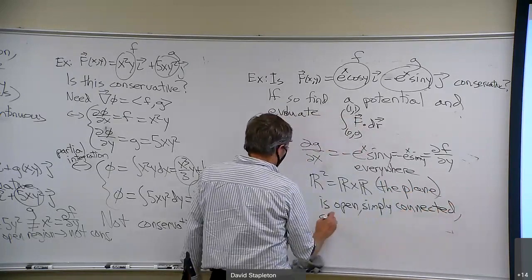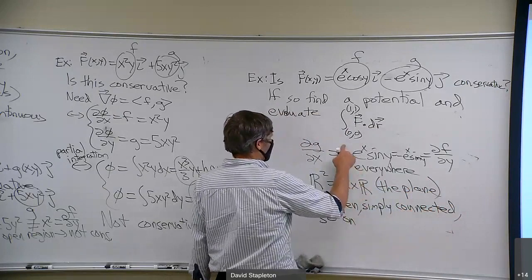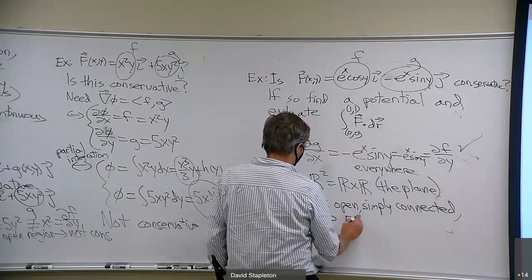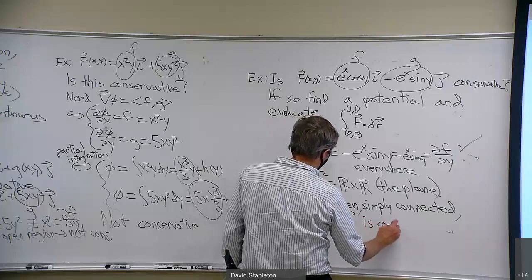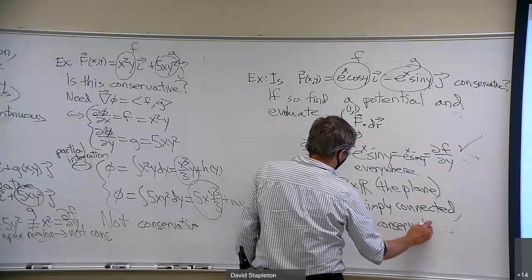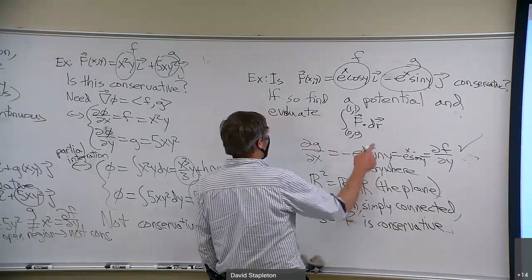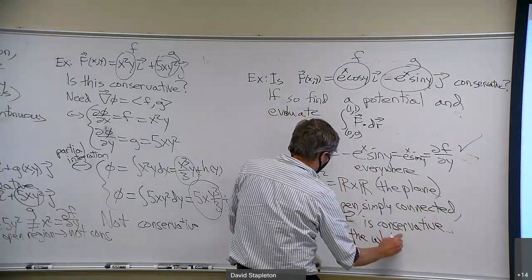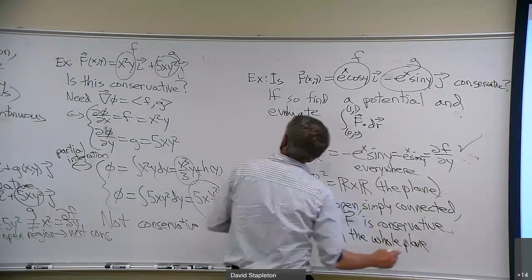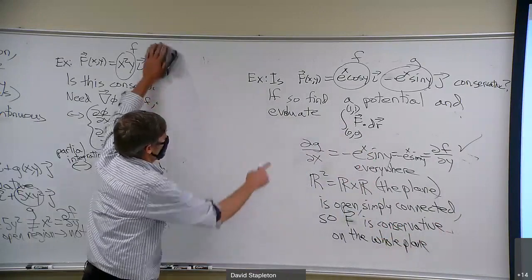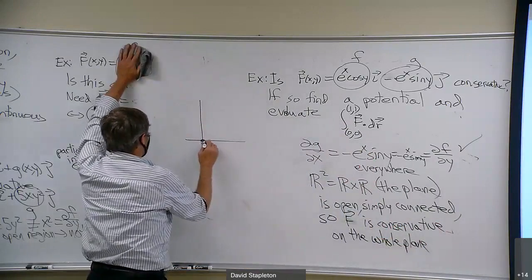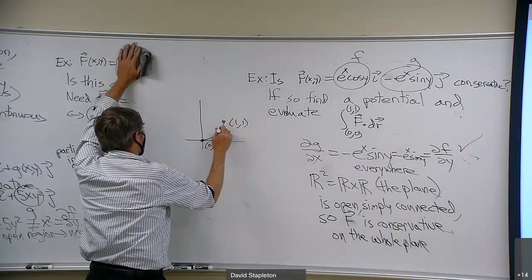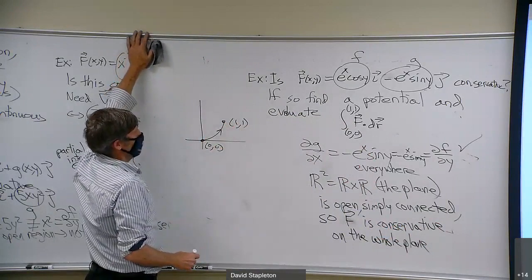So on the whole plane, since dG/dx equals dF/dy, this is conservative. Any curve whatsoever you can apply the theorem to. Which means in particular, if I have a curve going from (0, 0) to (1, 1), what's its value?